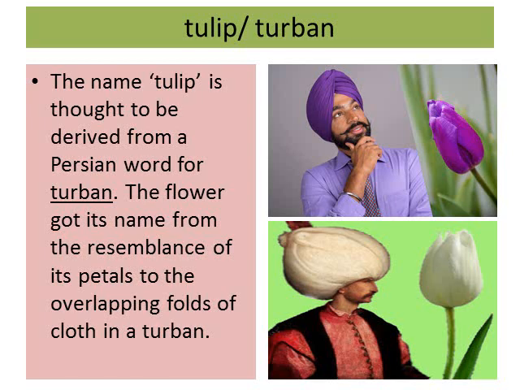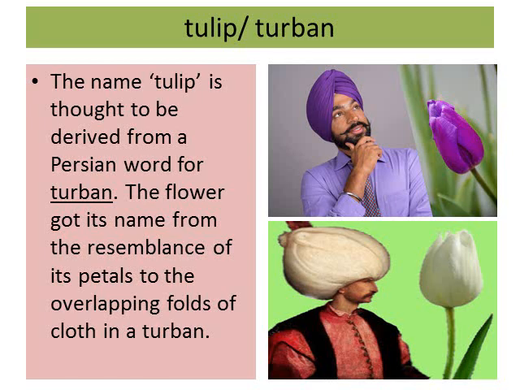As you can see in picture 1, you can see a man wearing a turban which has overlapping folds. One fold is covering some part of the next fold. In the same way, if you look at that purple tulip, it also looks like the petals are overlapping.